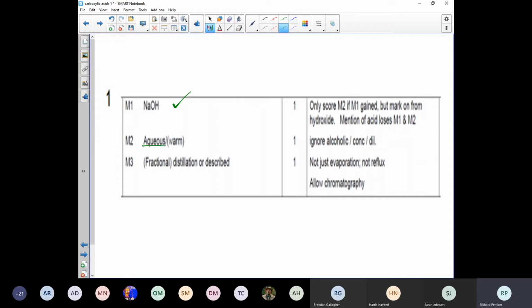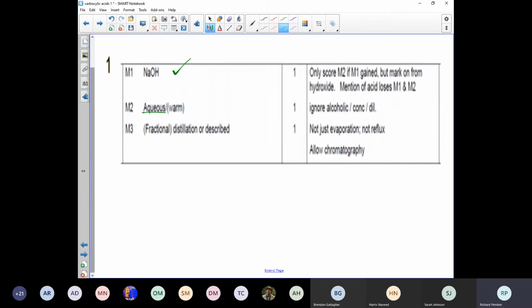You can see there all they were looking for the second mark was for it to be aqueous, and so in mentioning our concentration we got that across as well. They've not even been that bothered that we warm it up, so it was just the fact it was aqueous, and you can see there we've said distillation, so that's fine.